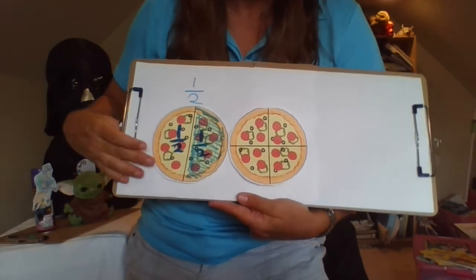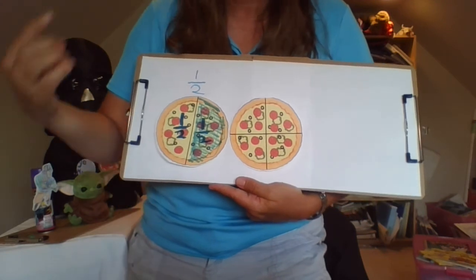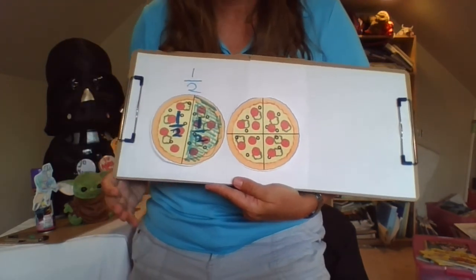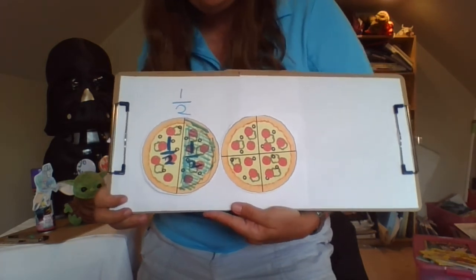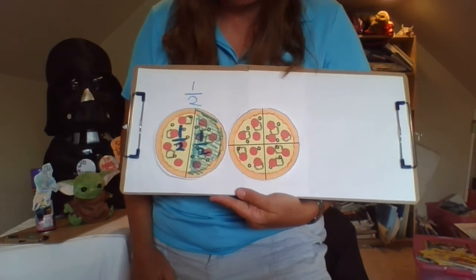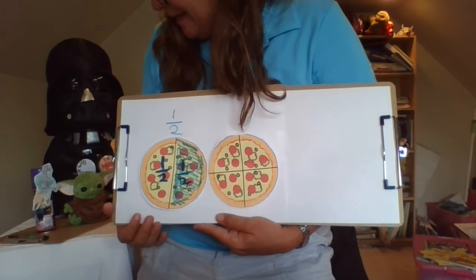Now you can see that I cut Baby Yoda's pizza into 4 equal pieces. Now, Baby Yoda, please tell me, what is the fraction I'm going to write in each of your slices of pizza?